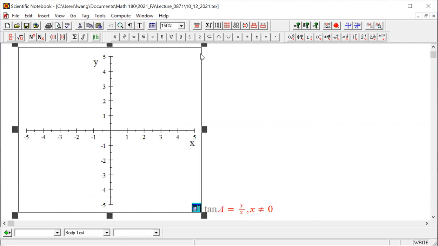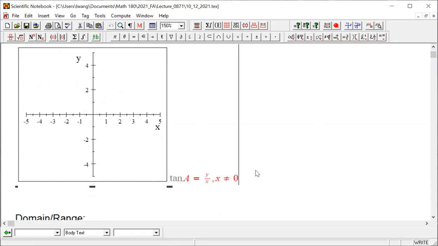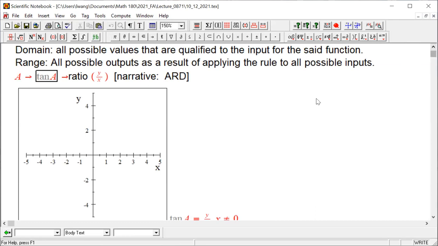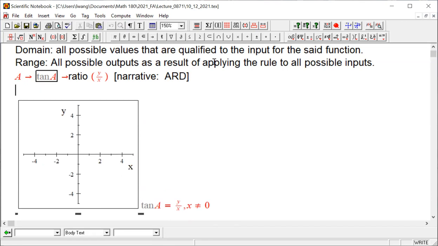We figure out the domain. Okay, let me make this smaller. So what's the description of that domain? A cannot be what? Odd number multiples of what?